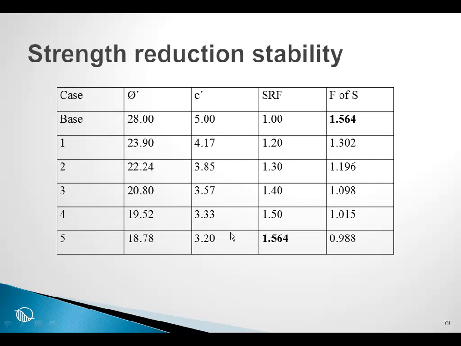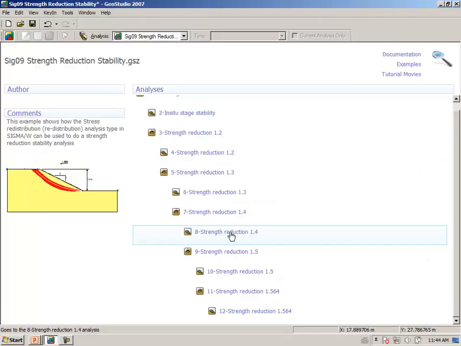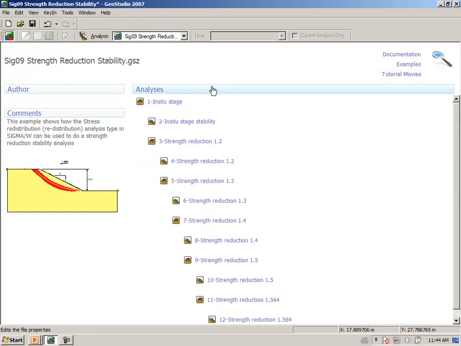In GeoStudio, here is SIG09, and as you will note here, there are a whole series of analyses.